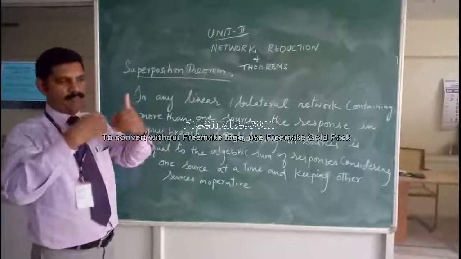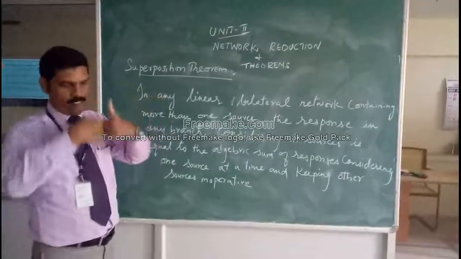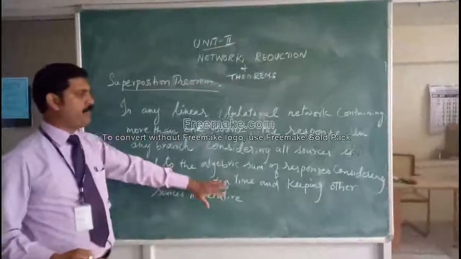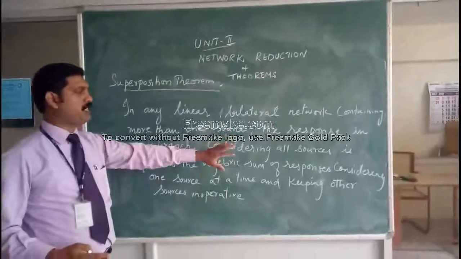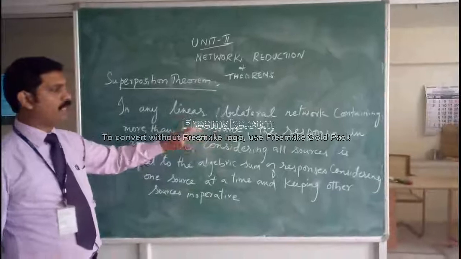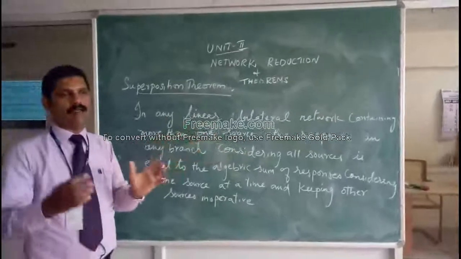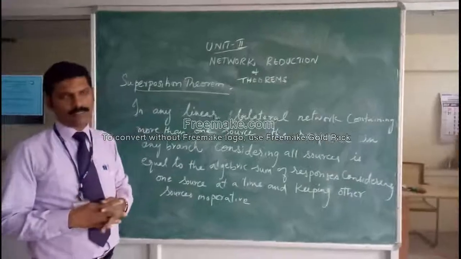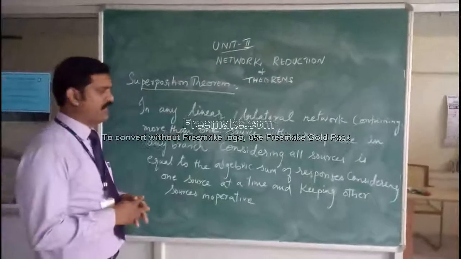Now we have to find the direction of the current, whether it is in the same or opposite direction, so that the algebraic sum gives the response. That response will be equal to the response when all sources are active. So we can simplify and find the currents very easily without any difficulties.